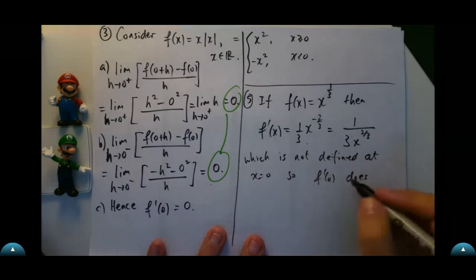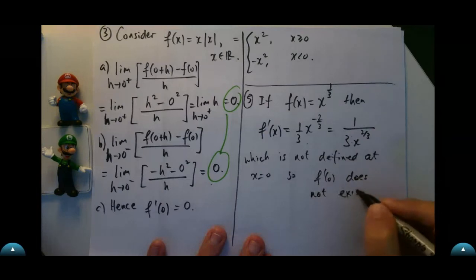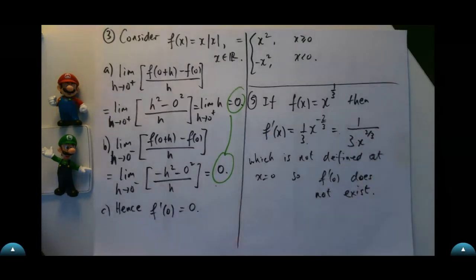So this expression does not exist, or is not defined, however you want to put it. So that's an H question, but I think it's an interesting one, both from an algebraic point of view and also from a visual or picture point of view.